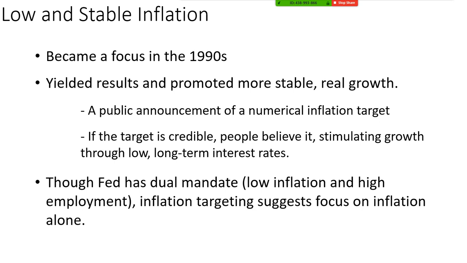So this is where a central bank makes a public announcement of an explicit inflation target and focuses on achieving that target inflation rate. So this is the bank coming out and saying, we're not just going to target low and stable inflation. We're going to tell you exactly the inflation rate that we are trying to achieve. Okay, so currently it's 2%.